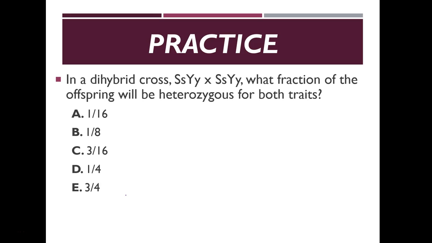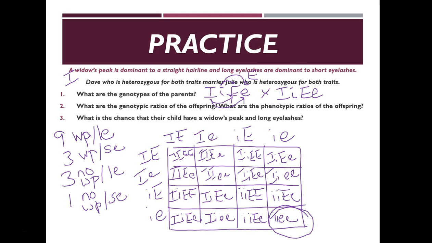All right, so let's see. Let's do this. In a dihybrid cross, big S, big Y, little y crossed with big S, big Y, little y, what fraction of the offspring will be heterozygous for both traits? Now this requires a little more work because you want to look at the genotypic ratio. So we're going to cheat a little bit. We're going to go back here.